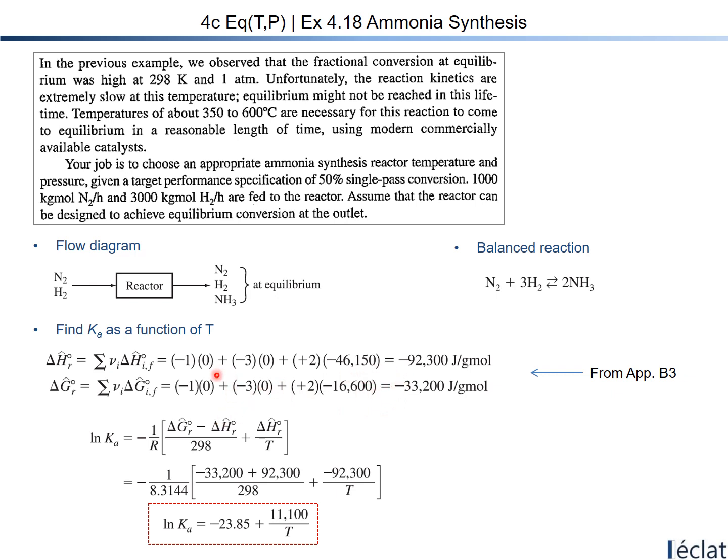So after you have these values, finally you have the equilibrium constant as the function of temperature, and this is an exothermic reaction. You can recognize it because delta H has a minus sign, so finally this is the plus sign for the coefficient of the temperature term.